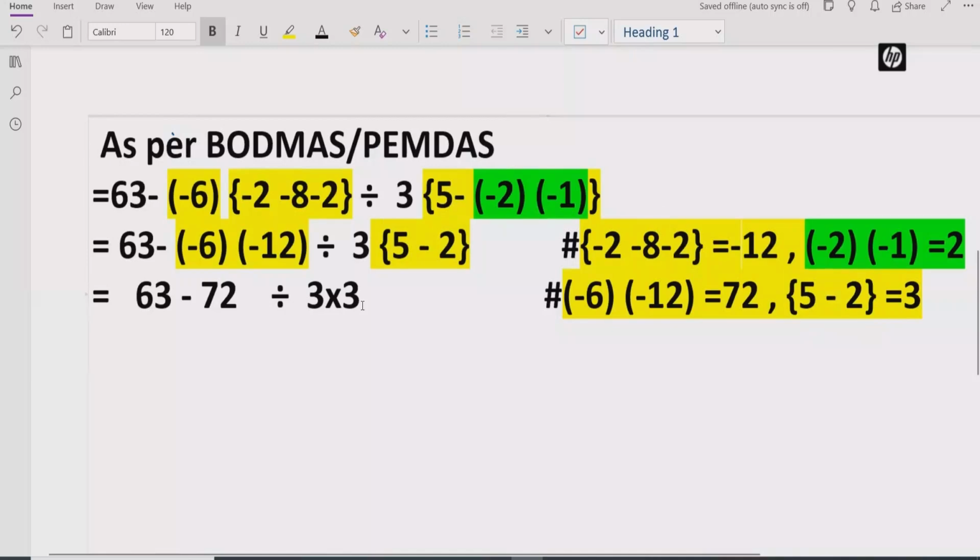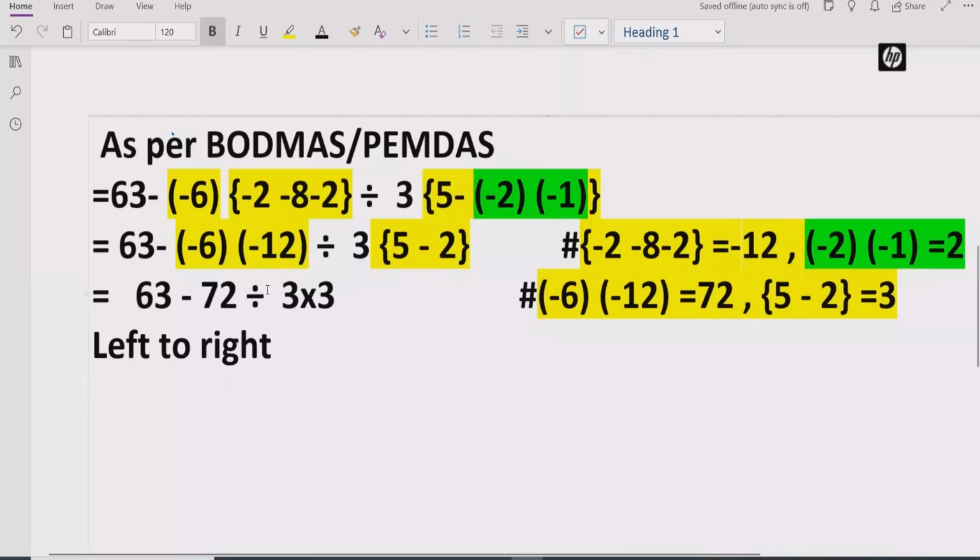Now, we do not have any bracket. So first we have to solve, using the BODMAS and PEMDAS method, the division and multiplication. So we go left to right in our expression and see which part is coming. Here we have this division first.